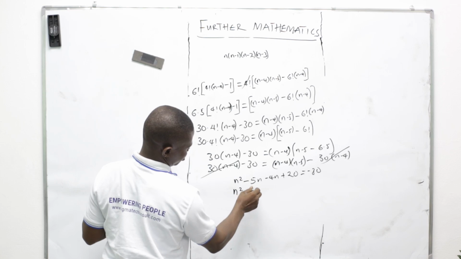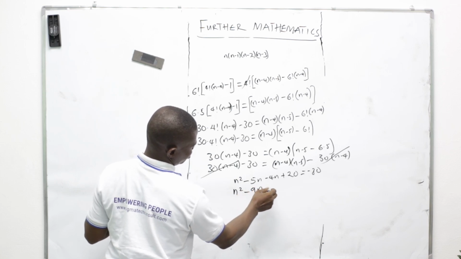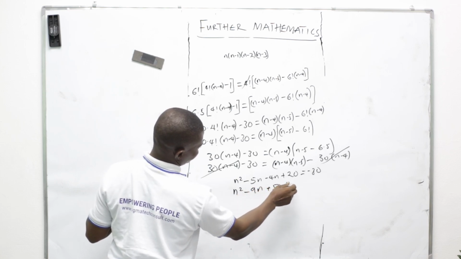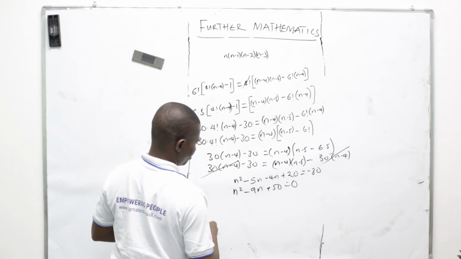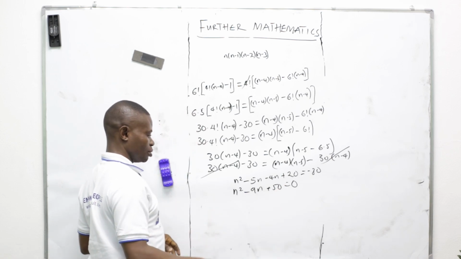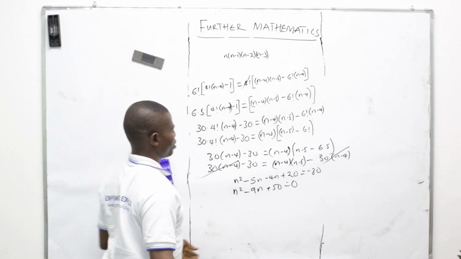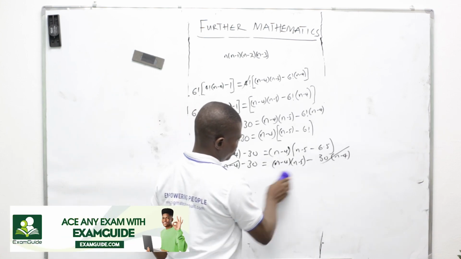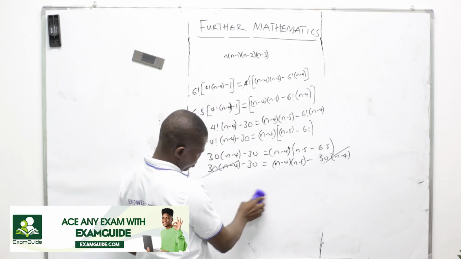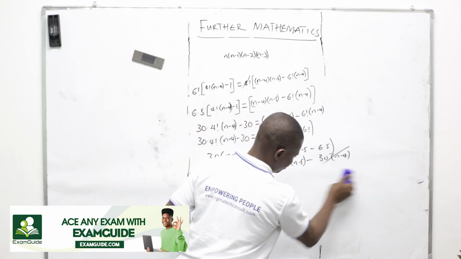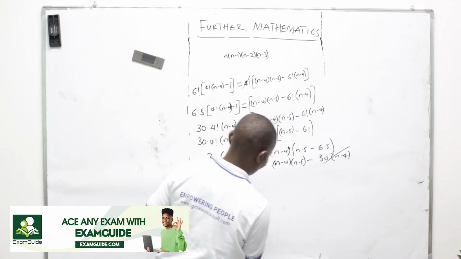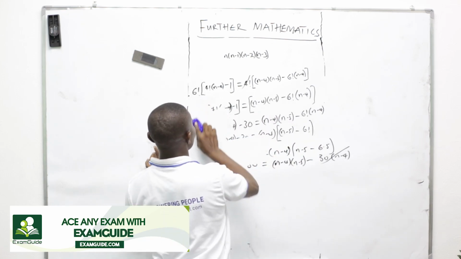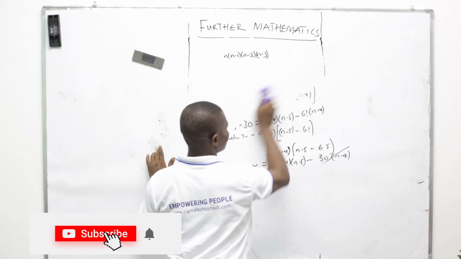N squared minus 9n plus 50 equals 0. Is this factorizable? 10 times 5. You can see this expansion is a very long one, but still remember where you started from. That is the common difference.